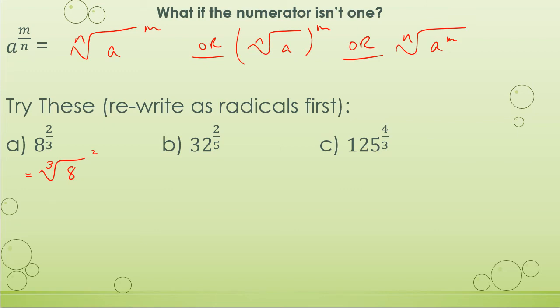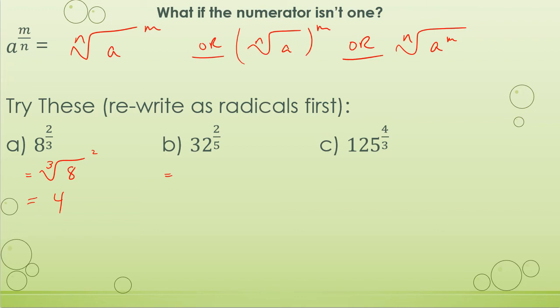It's the same thing, and how you enter it into your calculator, it's going to be the same answer, granted you know what you're doing on your calculator. So the cube root of 8 is 2, 2 squared is 4. Or you could have done 8 squared first. 8 squared, 64, cube root of 64, also 4, obviously.